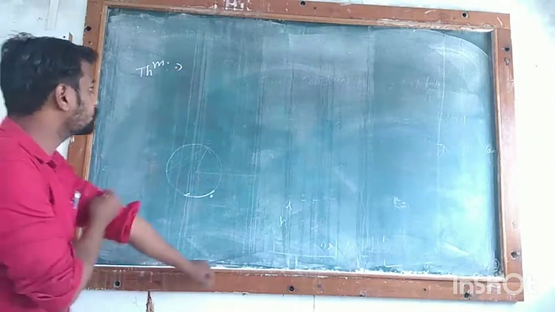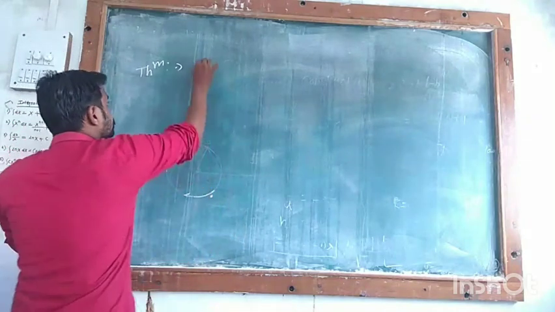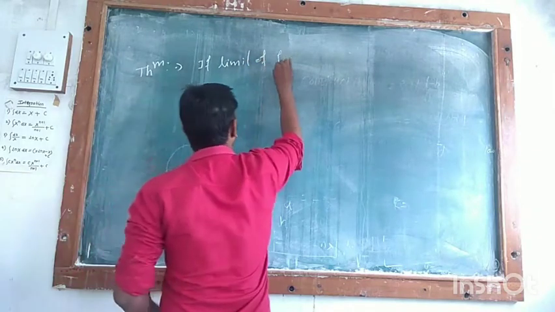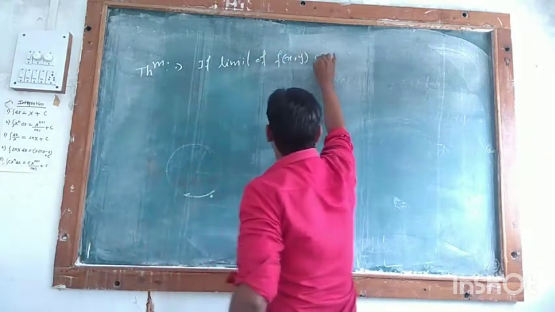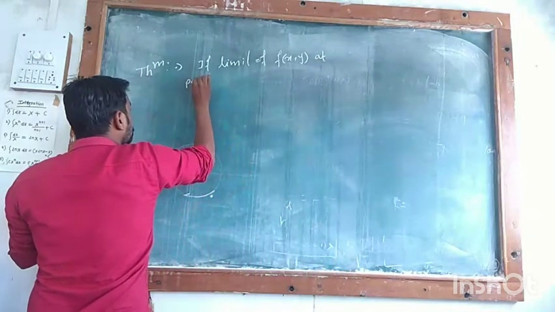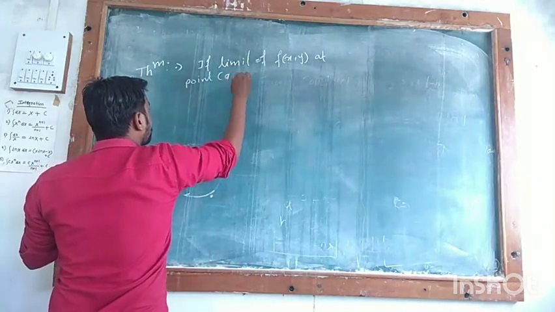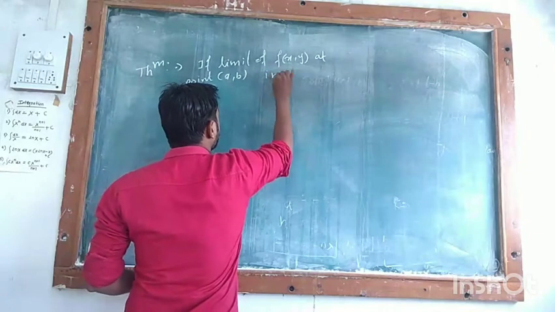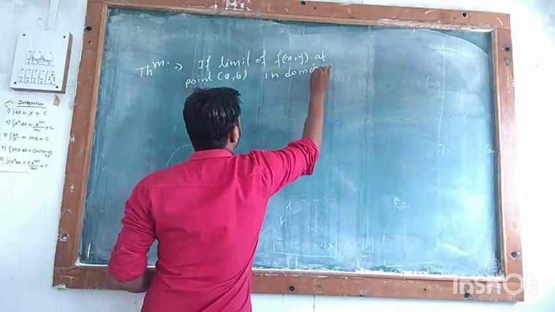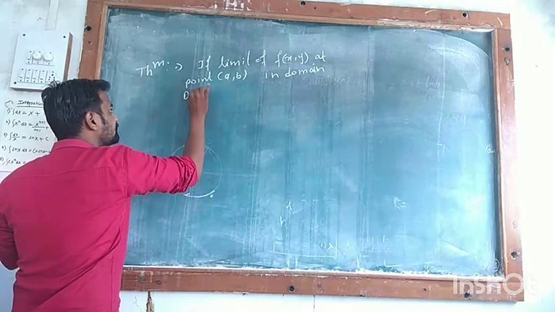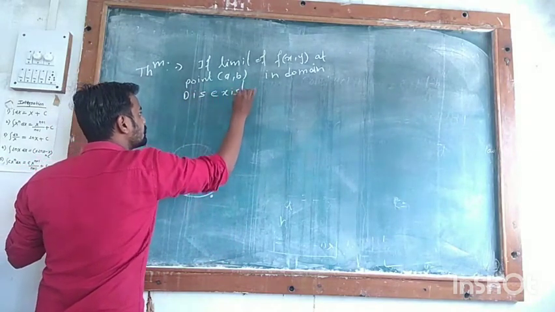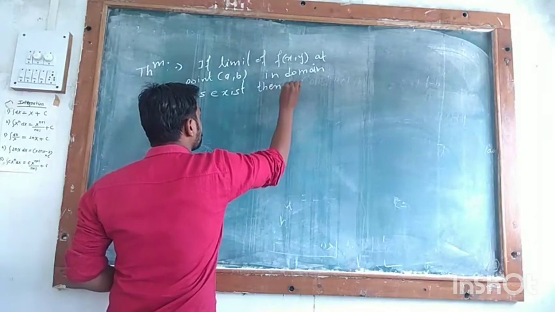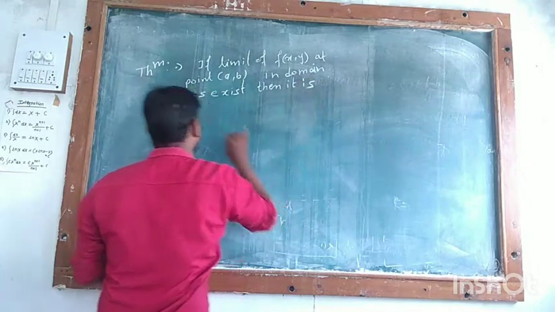Only statement, not a proof. If the limit of f of xy at point AB in the domain D exists, then it is unique.